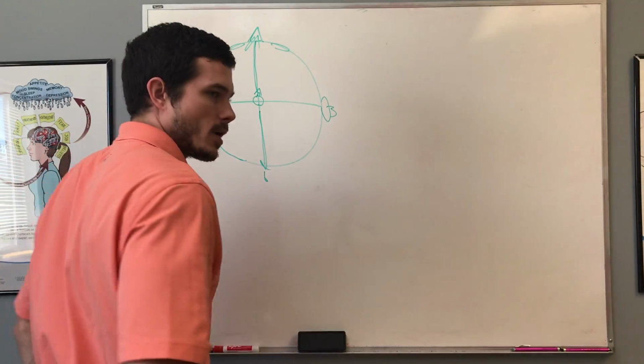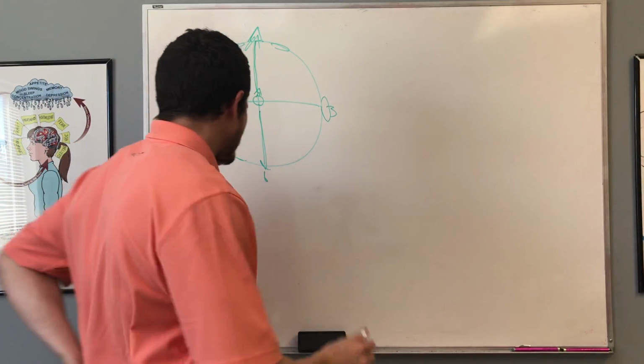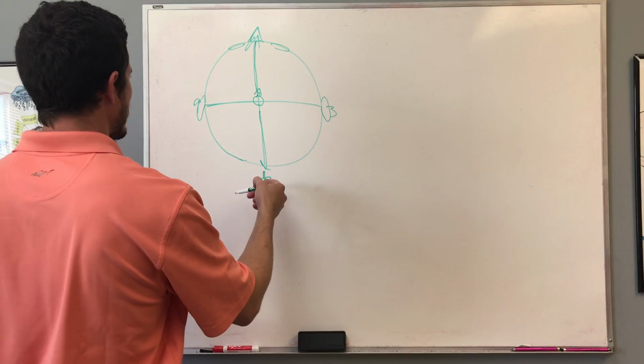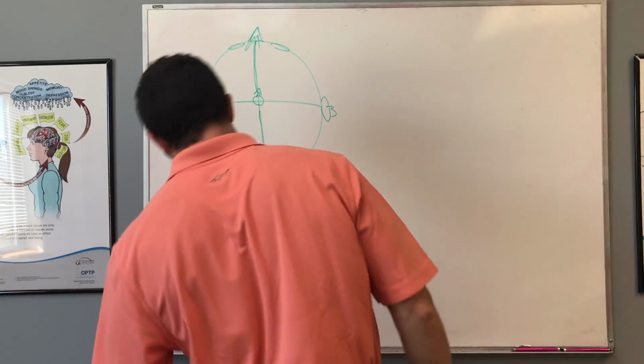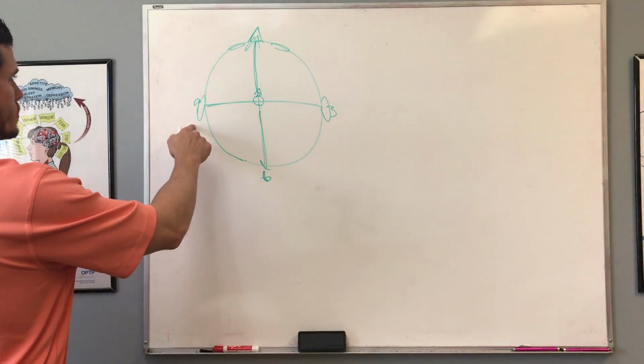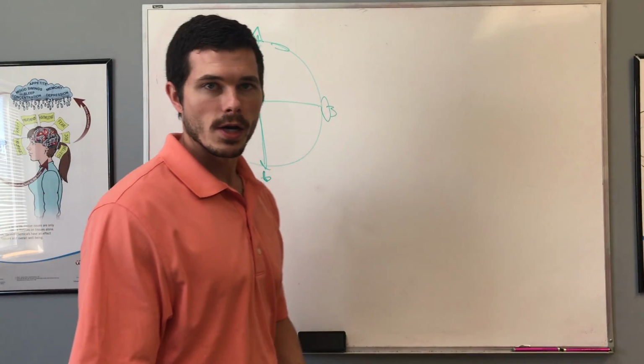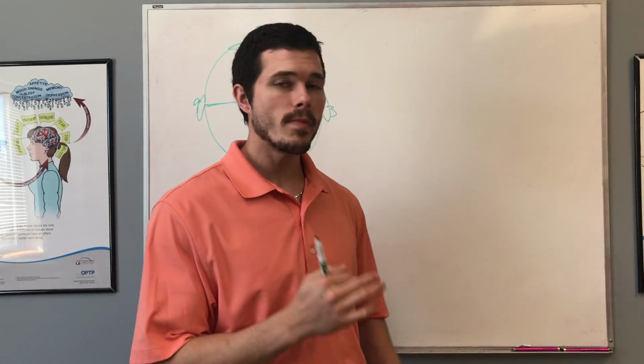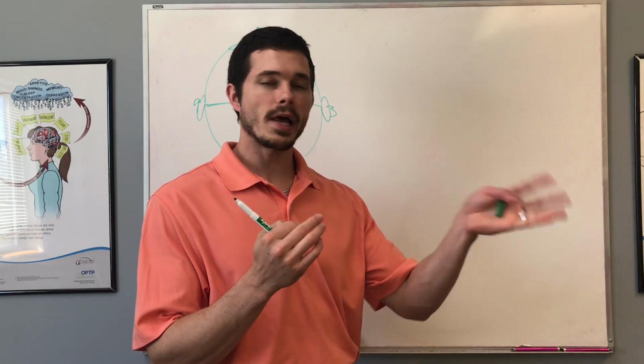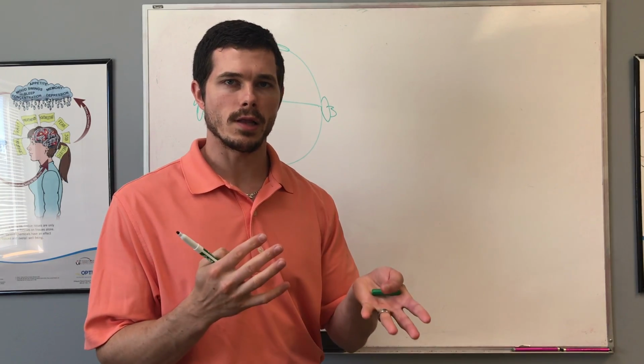Bending backwards with your hands on your hips would be towards the 6 o'clock. Bending to the left would be to the 9 o'clock. Bending to the right will be to the 3 o'clock. So those are the major planes of movement in the lower back.